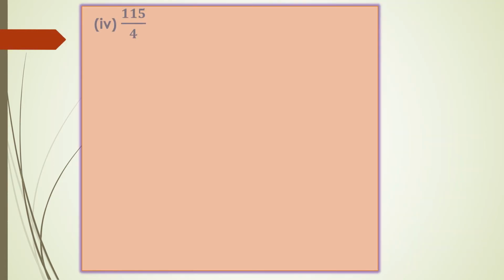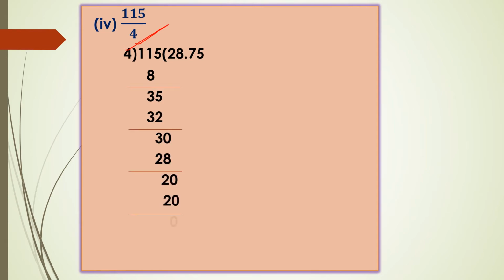So here is the next problem: 115 by 4. Okay, so I should divide this and check. When you divide, you'll get like this. If I am getting the remainder as 0, then it is a terminating decimal. Children, please don't forget, when a decimal expansion gives the remainder 0, then it comes under terminating decimal, which is a rational number.